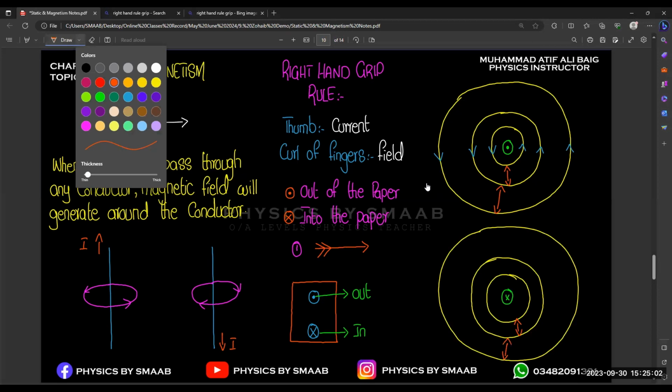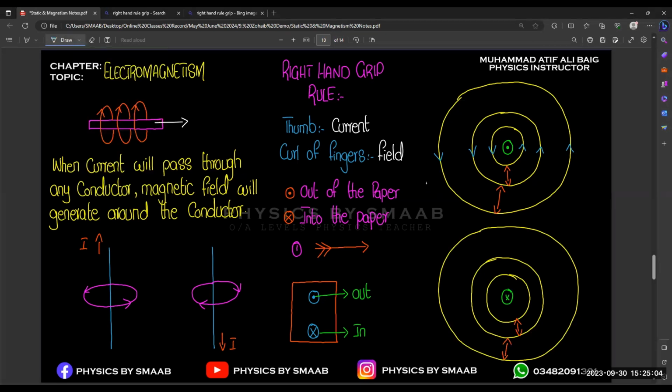And if you want to identify the direction, now thumb should be in vertical downward direction because we are using into the paper concept, and your field will be clockwise in direction, right? Any confusion? No, sir. So this is the concept.